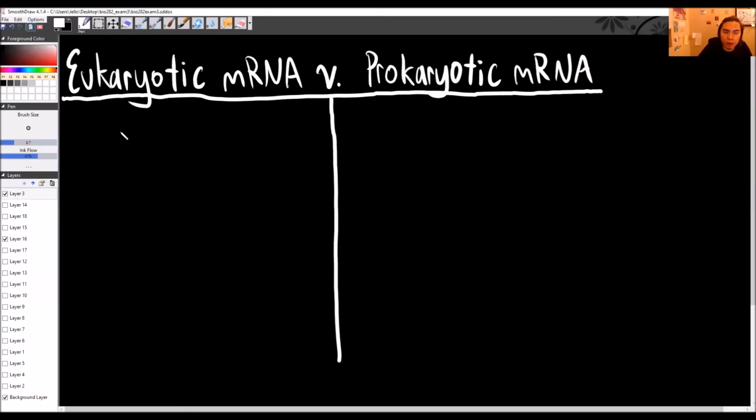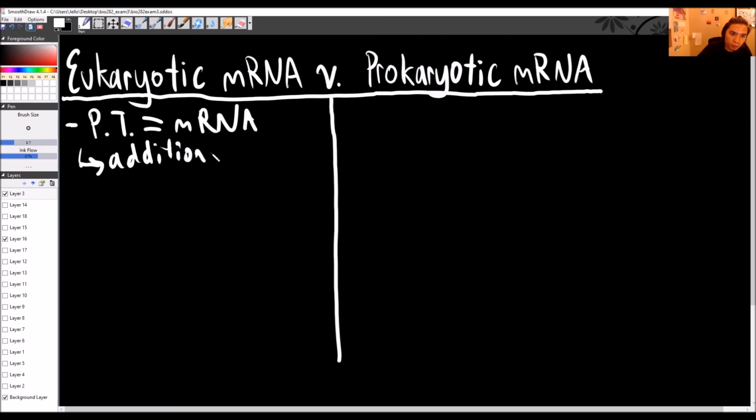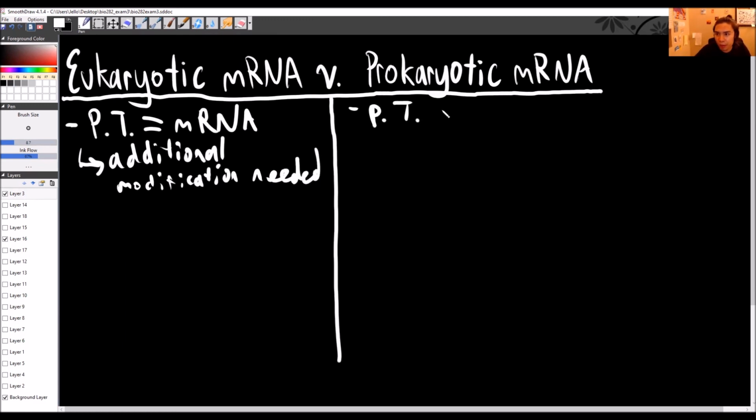Okay, let's briefly cover the differences between the mRNA processes for eukaryotic cells and prokaryotic cells. For eukaryotic cells, the primary transcript is not equal to the mRNA, so there is additional modification needed. Whereas for prokaryotes, the primary transcript, if it is meant to be mRNA, is just mRNA. So no additional work.